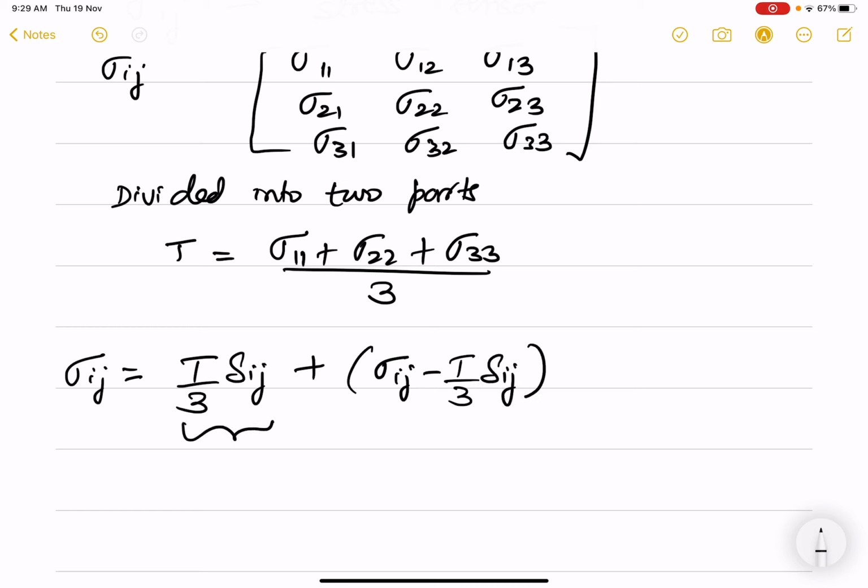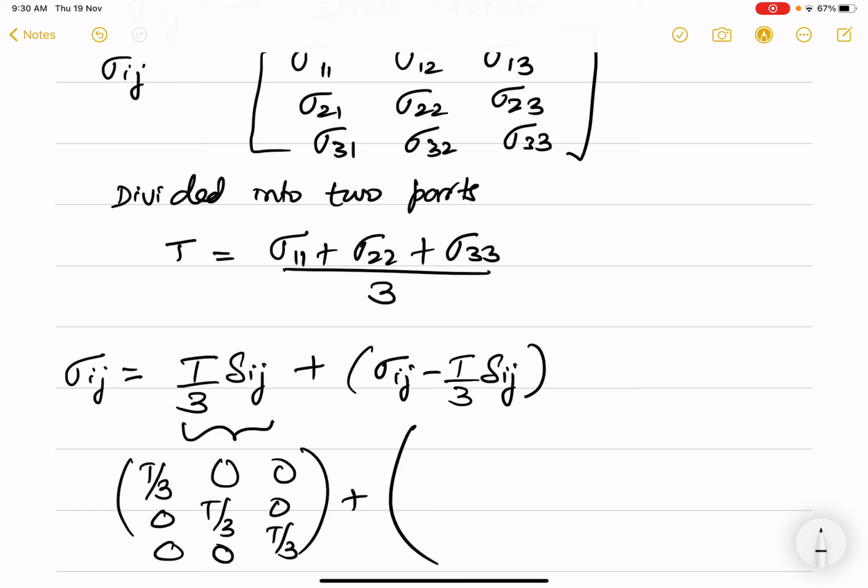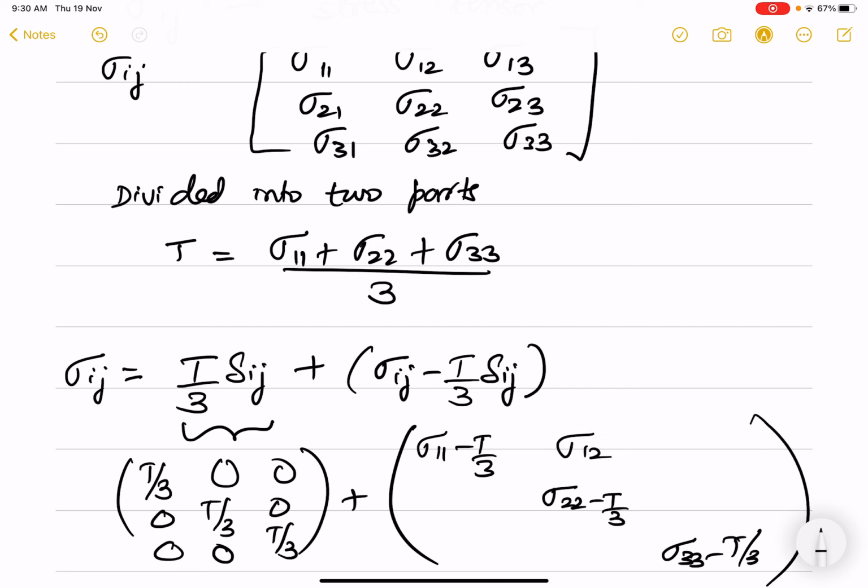Now this first part looks like T by 3, T by 3, T by 3 on the diagonal and 0 elsewhere. And this second part is sigma 11 minus T by 3, sigma 22 minus T by 3, sigma 33 minus T by 3, and then sigma 12, sigma 13, sigma 21, sigma 23, sigma 31, sigma 32.